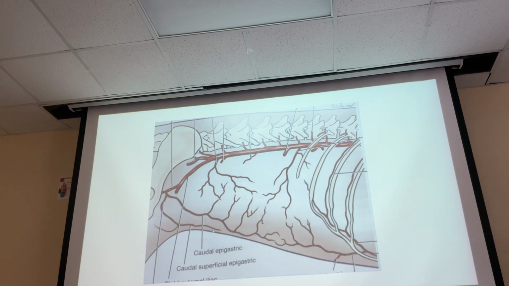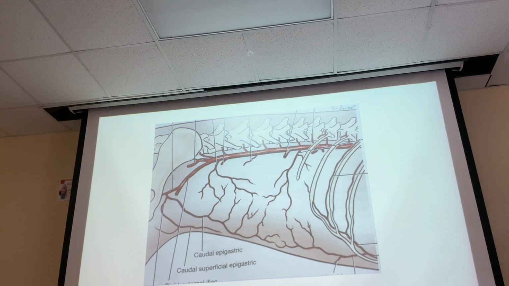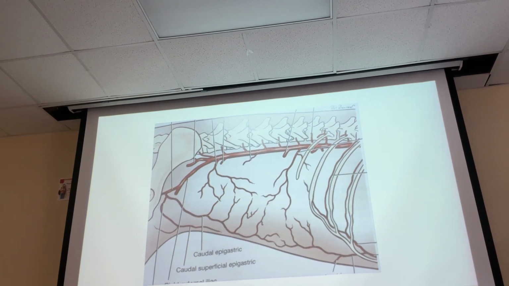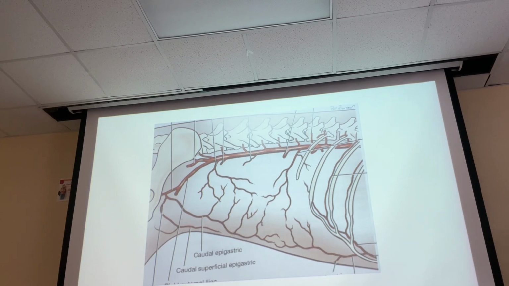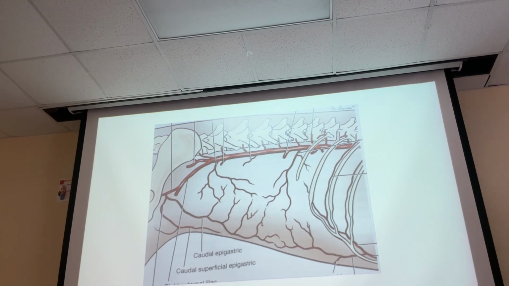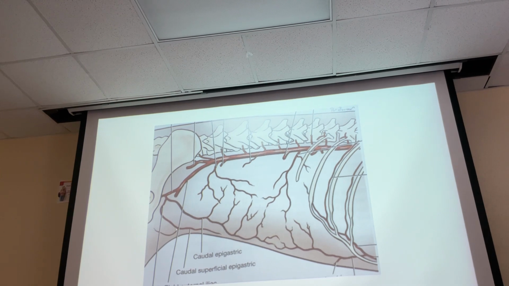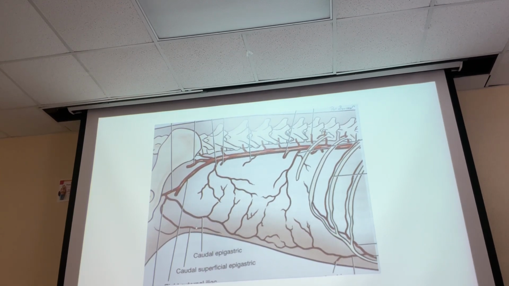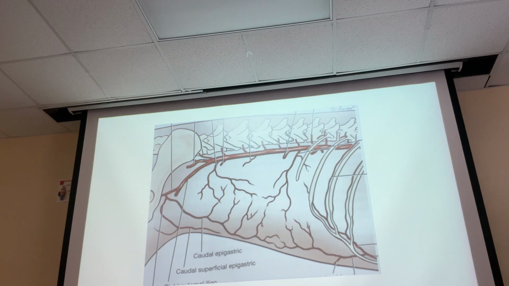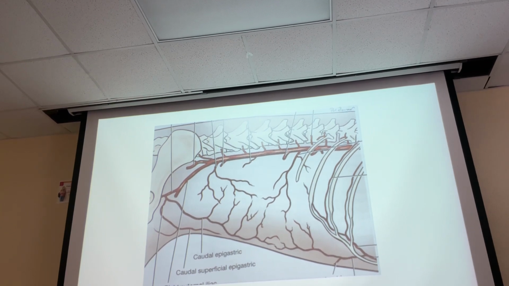Of the external pudendal that comes out from the superficial inguinal ring. So pay attention where we are tagging this. If we tag here at the level of the superficial inguinal ring, it is what? It is the external pudendal. Okay? If we tag it ventral to the rectus abdominis at this level here, now it is what? The caudal superficial epigastric.